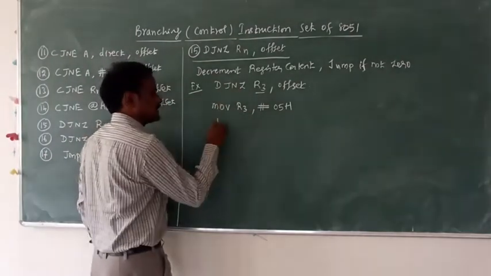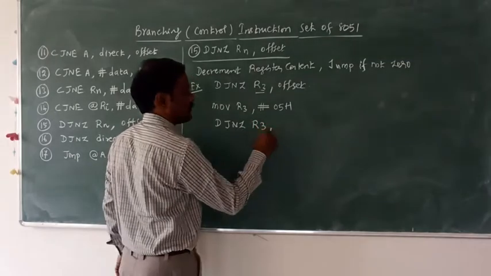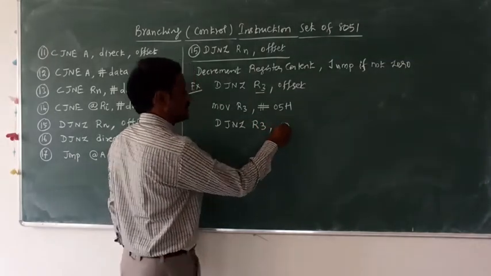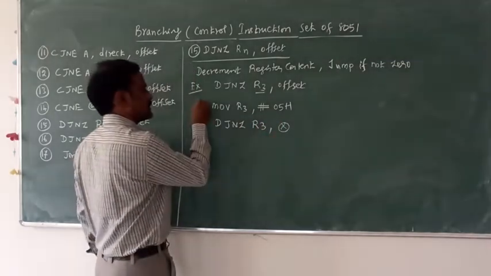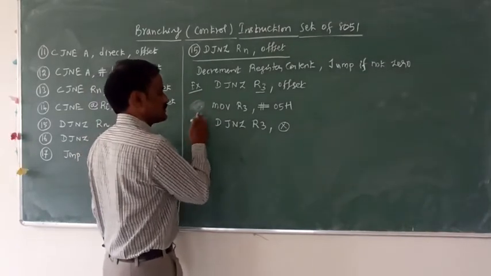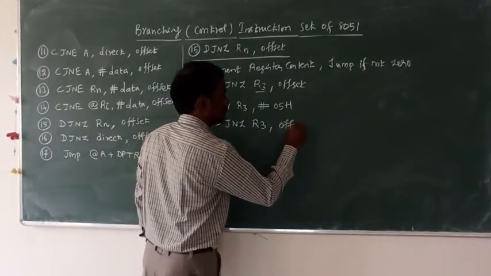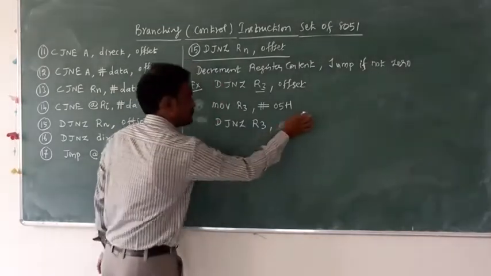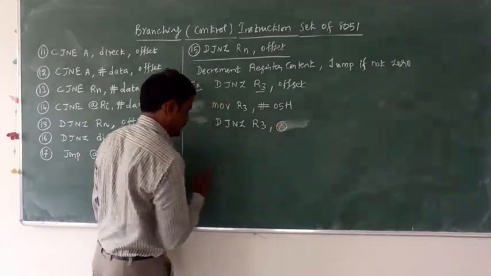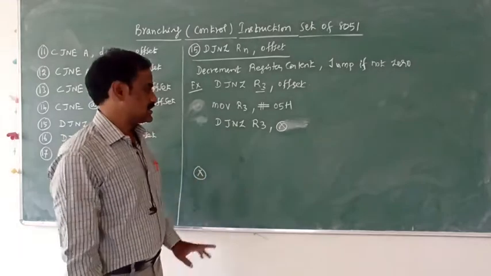Now DJNZ R3, jump to here, or jump to here itself. Suppose jump to here means we can jump to this memory address location.